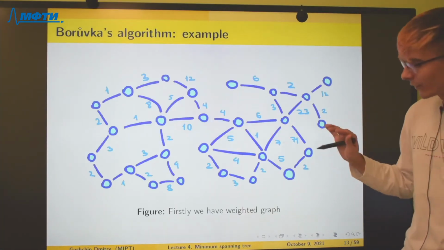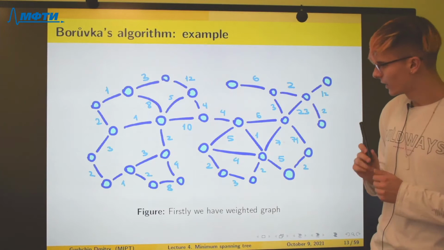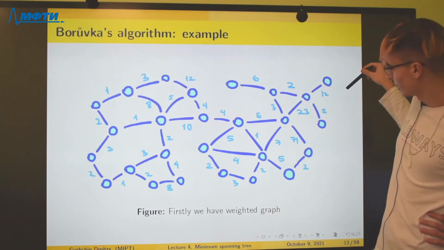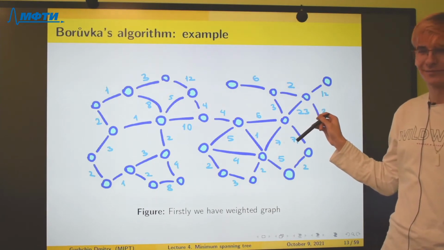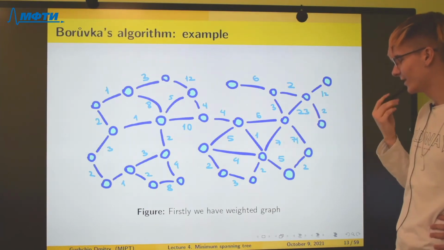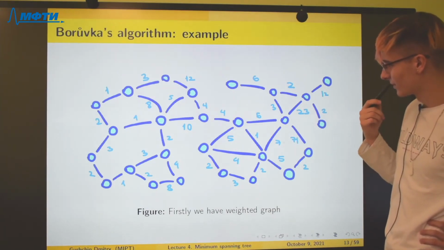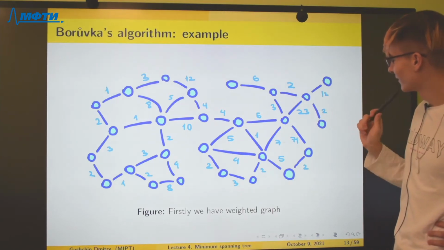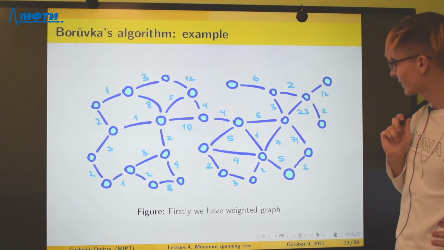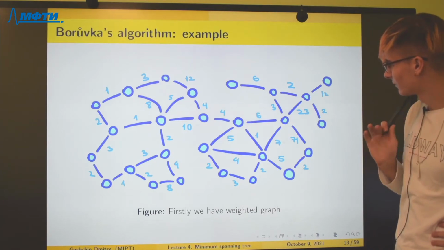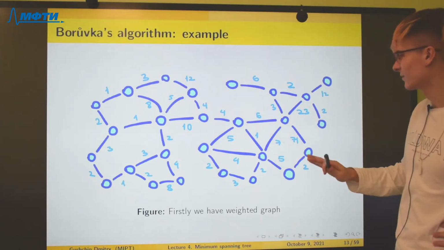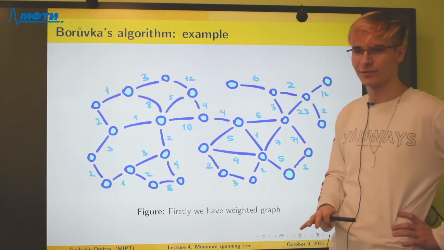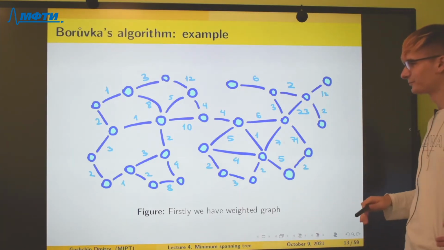So, firstly, we can say that we have a lot of components. Yeah, I didn't count the number of these vertices, but we say that it is equal to 20. I don't know, 20, for example.